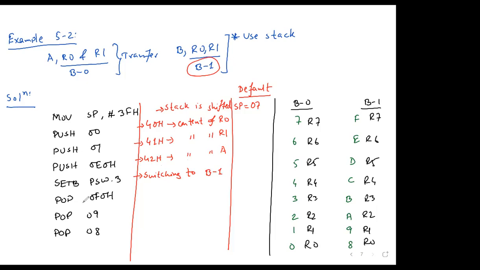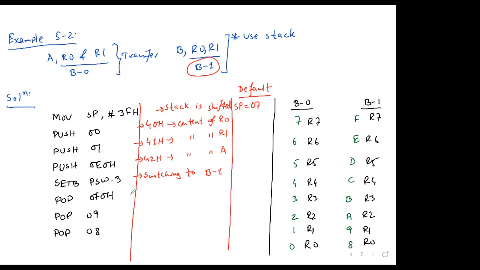For this particular example, you actually do not need this line, but this one is intentionally shown over here so that you know that in the middle of a code, if you need to switch to different register banks, how can you do that? In order to demonstrate that, this instruction is given. But in direct addressing mode, you need not bother about the PSW register. Okay? Is it understood? Yes, sir.